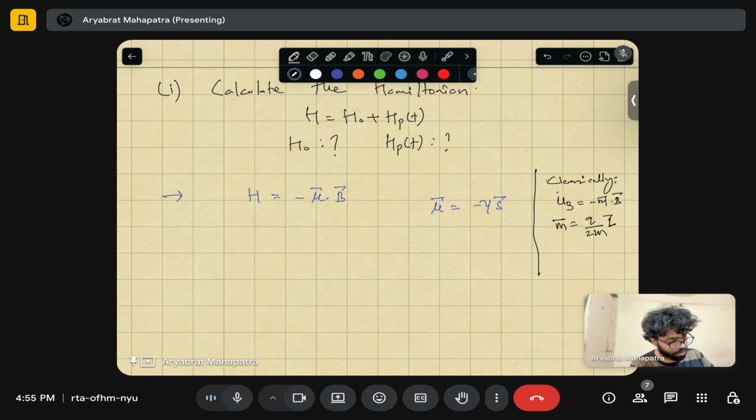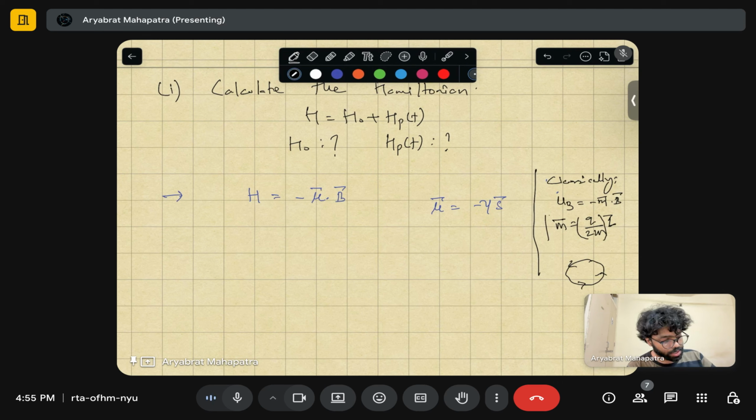You can think of a magnetic loop: if some current is flowing through this loop, then it acts like a magnetic dipole, and when you place it in some external magnetic field, it will precess. So this q by 2m is the gyromagnetic ratio.